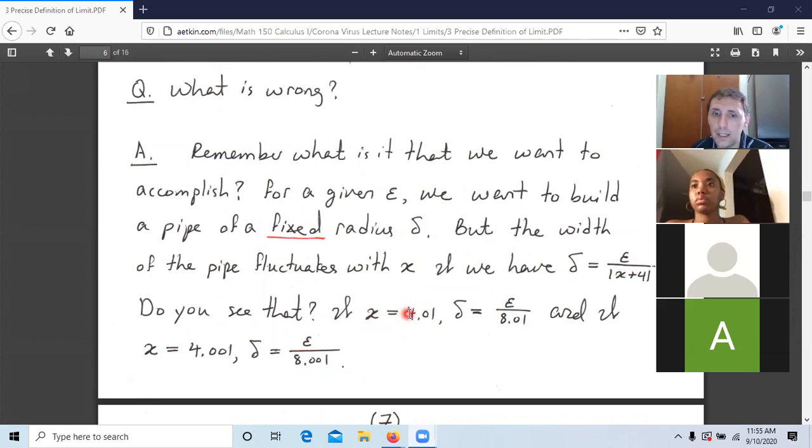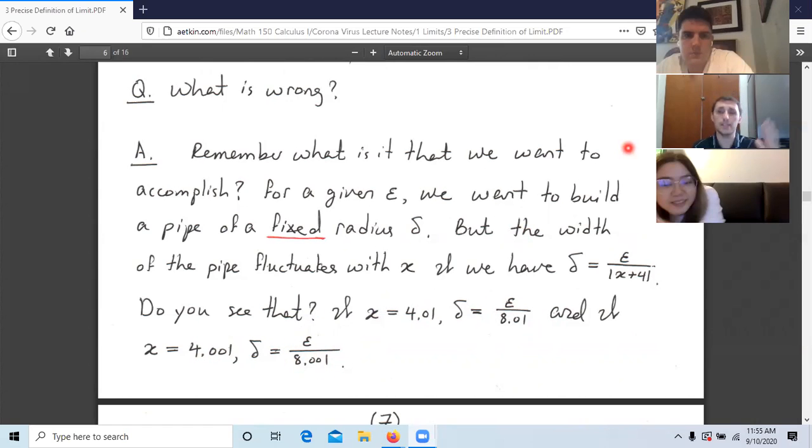So for example, if I launch x equal to 4.01, I have epsilon divided by 8.01 because x is just 4.01. It gives us this denominator. Do you see that? If x is 4.01, we get the denominator equal to 8.01. And if x is even closer, 4.001, I get an entirely different denominator and therefore a different radius.